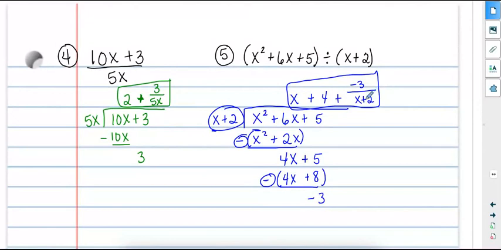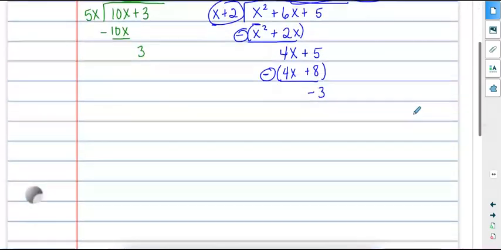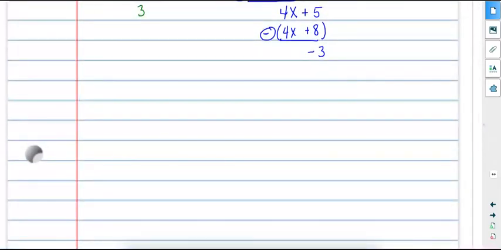Let's try another one, number 6. Okay, the given says 6x to the second power plus 17x plus 20.